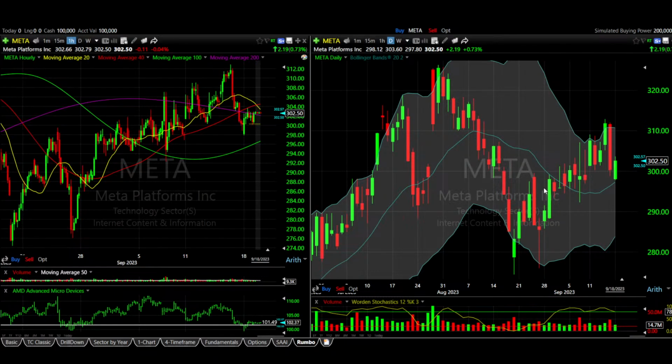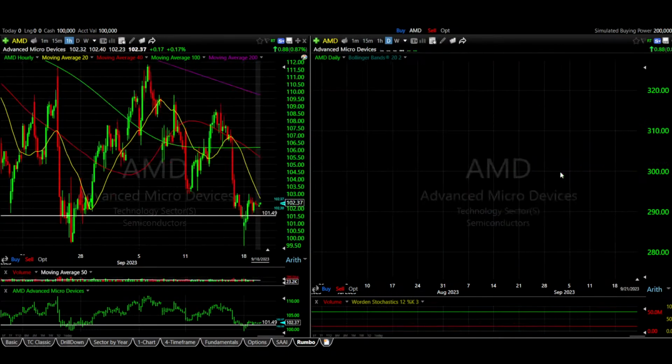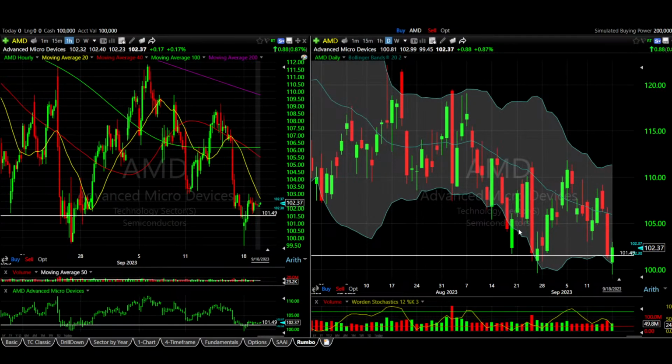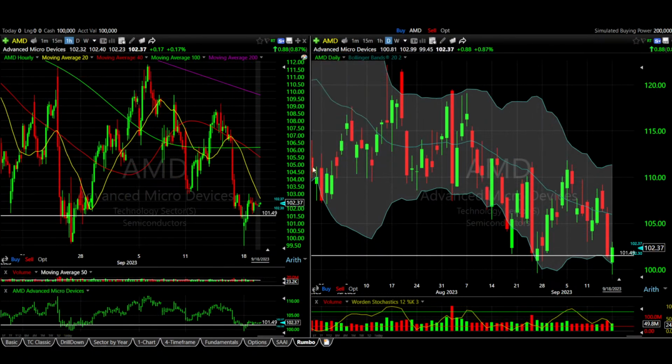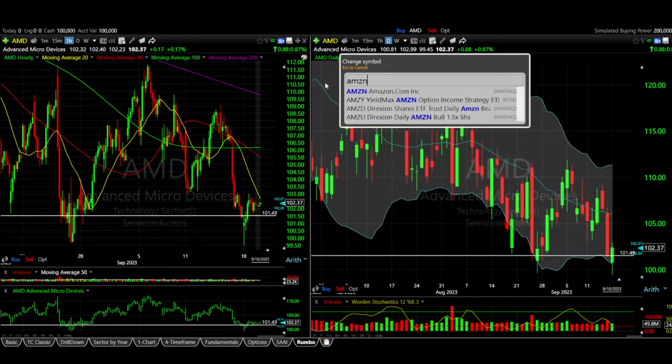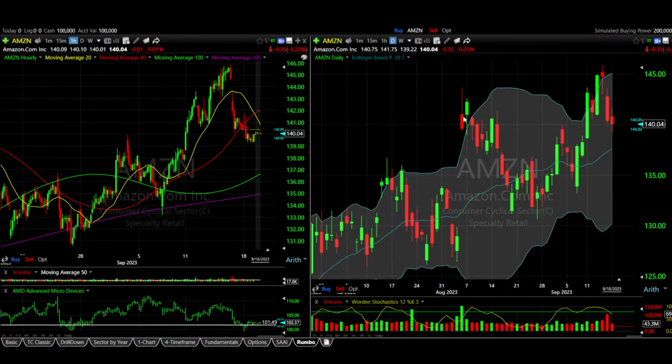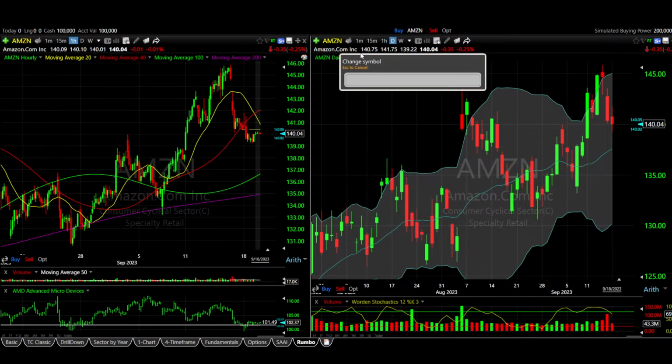They follow the BB phase 1 and phase 2 perfectly. But then you have some outliers, like AMD, which only uses half of it. It uses only low band to middle line to low band. And then another is Amazon, which just uses upper band to middle line, upper band. You have to understand your stocks. These are the only two exceptions.